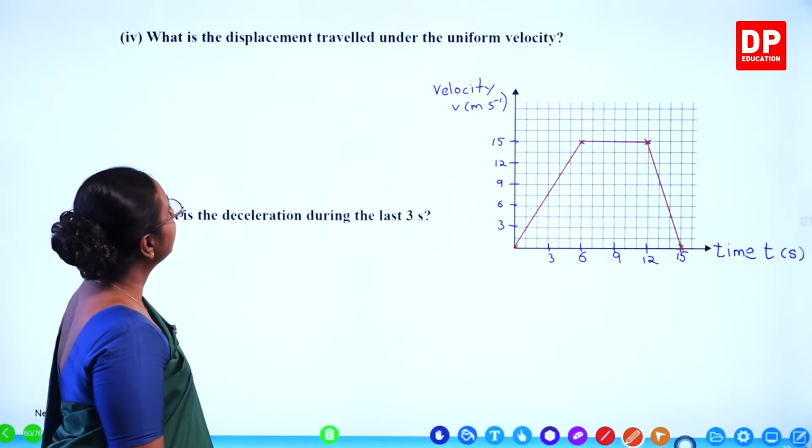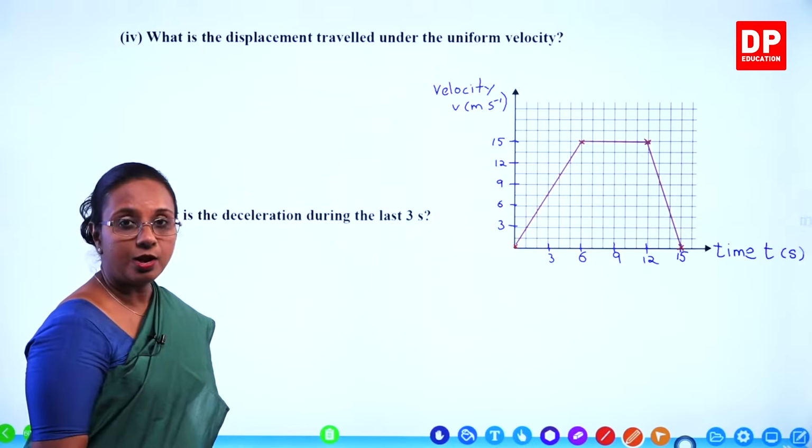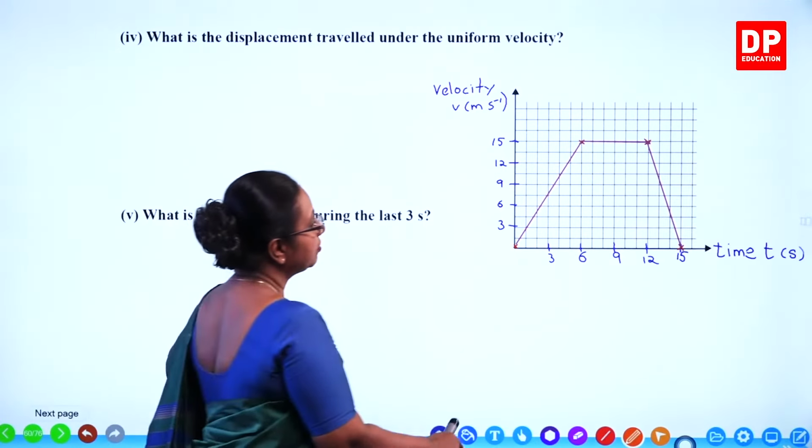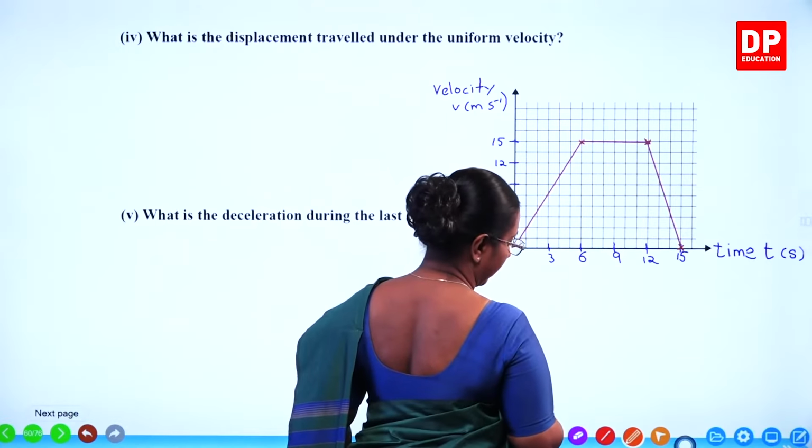What is the displacement traveled under the uniform velocity? So here you can see uniform velocity is this part.